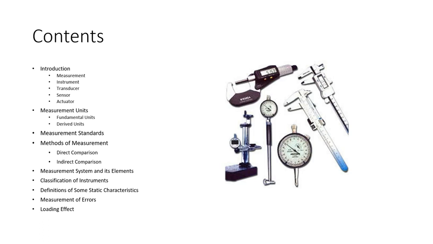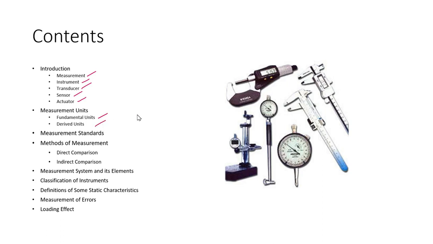First, we will have some introduction to the concept of measurement, the instruments, and the types of components that are used inside an instrument, that are mainly transducers, actuators, sensors, etc. After that we will know about some fundamental units and derived units.